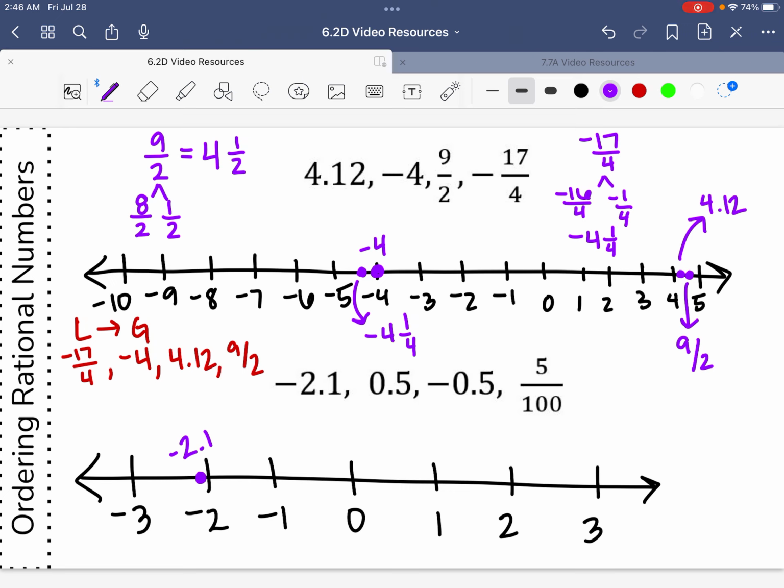And then I have 5 tenths, which falls between 0 and 1, and it's right in the middle because it is 1 half. And then -5/10. So again, that will fall between 0 and -1. So it's almost in the exact same place as 5/10, just on the other side of 0.